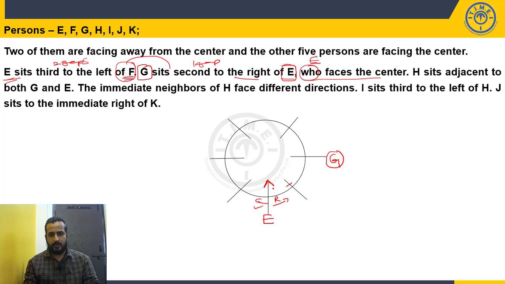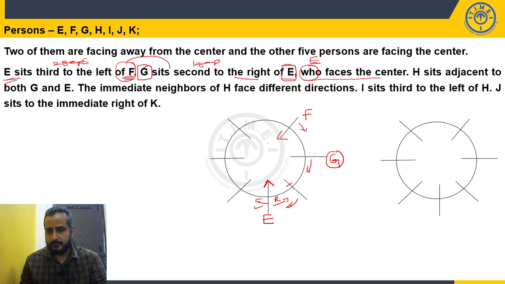E will be there. So E, 1, 2 gaps, F can be taken here. This has to satisfy the condition that E is third left of F. With respect to F, on the left side, third left, who is required? E. So this is possible when F is facing the center: first left, second left, and it is third left. Clear?